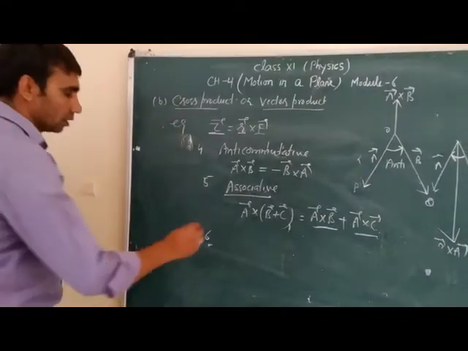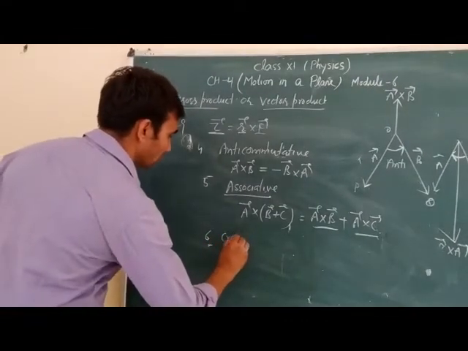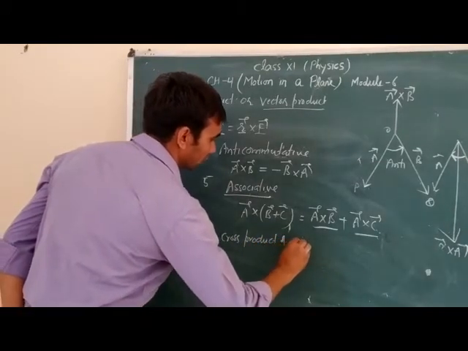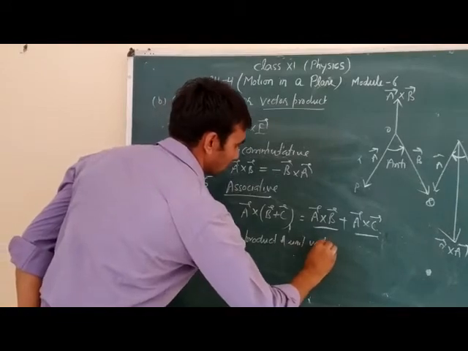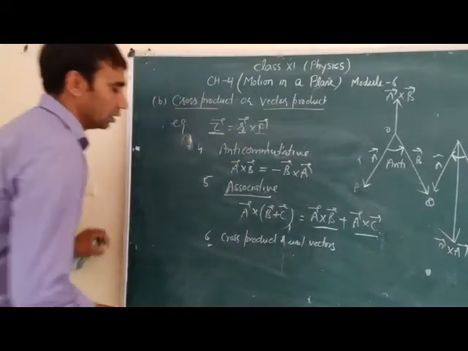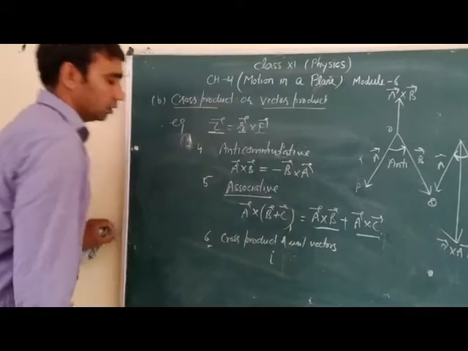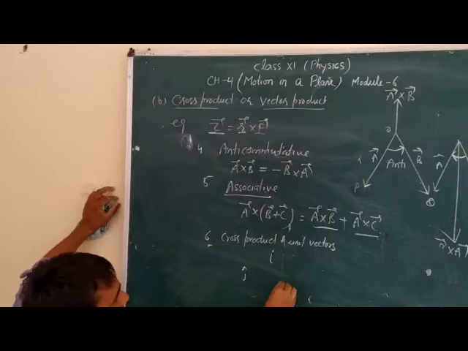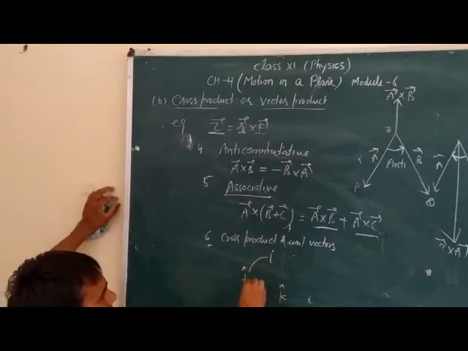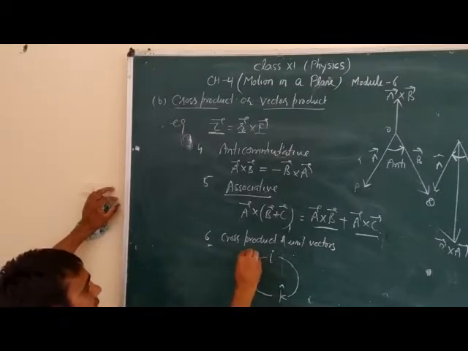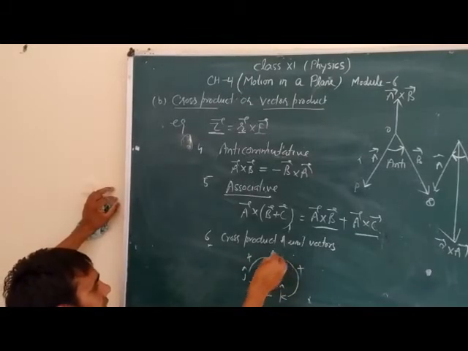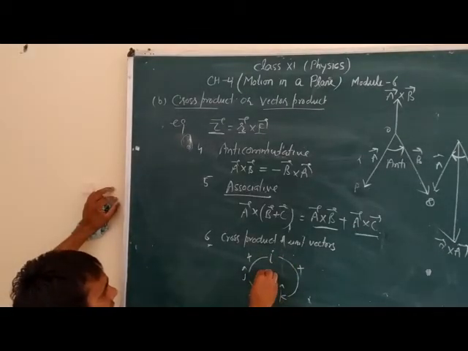Cross product of unit vectors. This is the I unit vector, this is the J unit vector, this is the K unit vector. This type of rotation is anti-clockwise, plus.